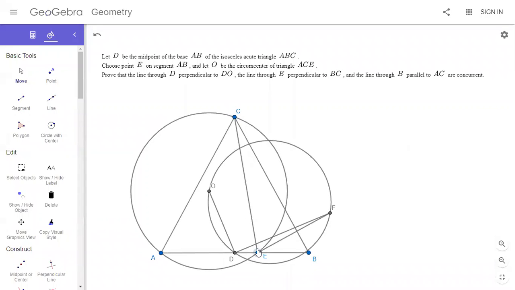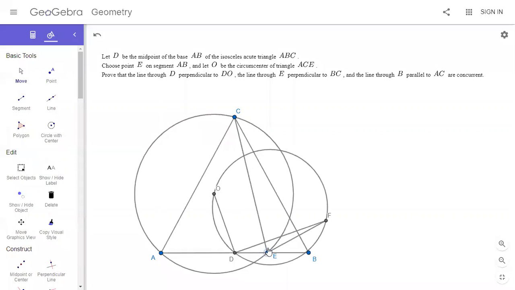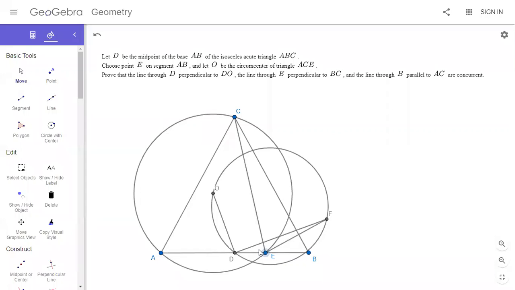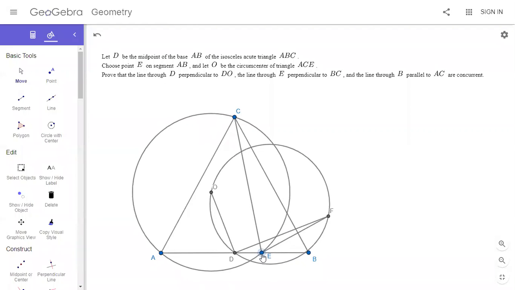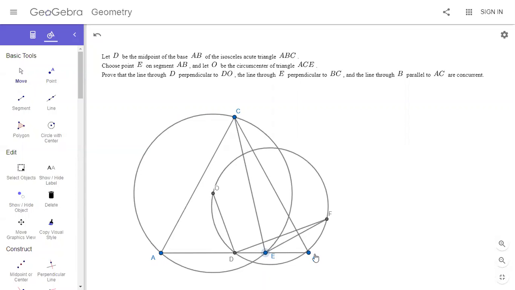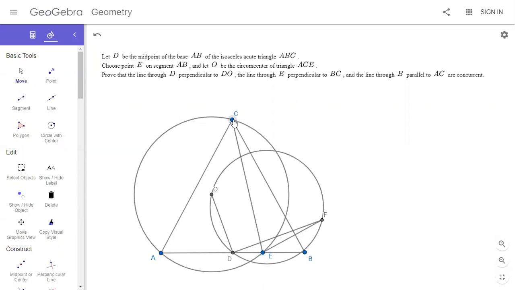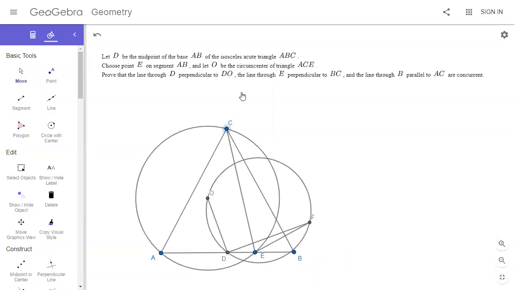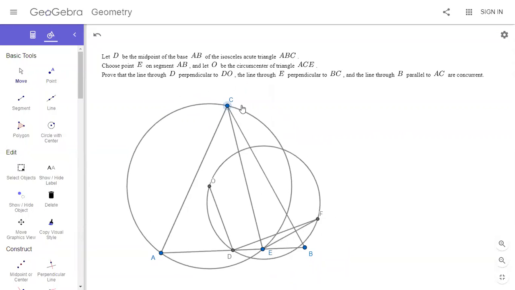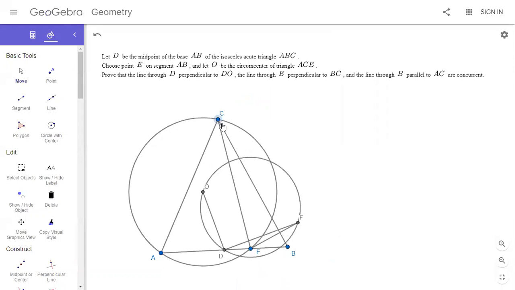Okay, so how do I get B further away? I don't want to make it look like B lies on the circle. It's hard to make B not look like it lies on the circle.